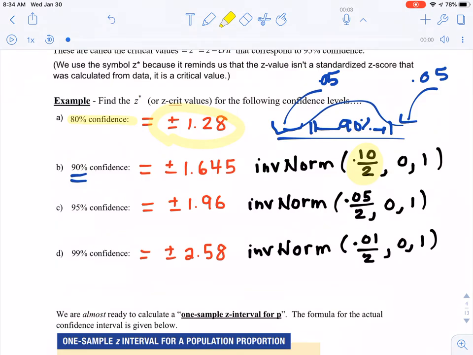I just usually type in the remaining area divided by 2, and that gives me what would be in one of the tails. Now, a lot of times the 90% confidence interval, if you type it in, you would see this next number here in the decimal. But because it's so close to being rounded up, they carry this one out to 3 places instead of 2. But that's all you do to get the z-scores for the confidence intervals.